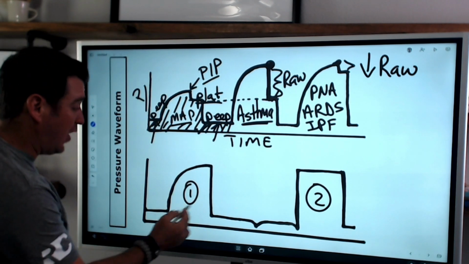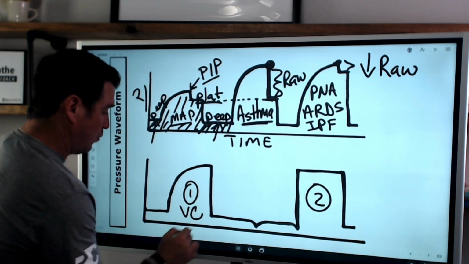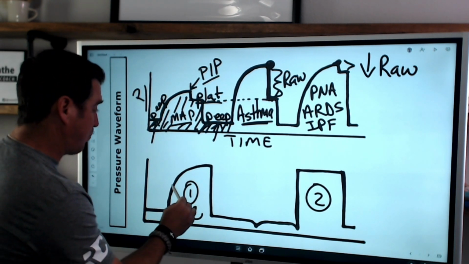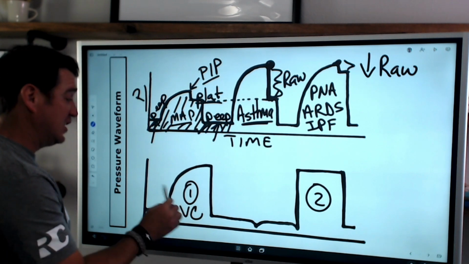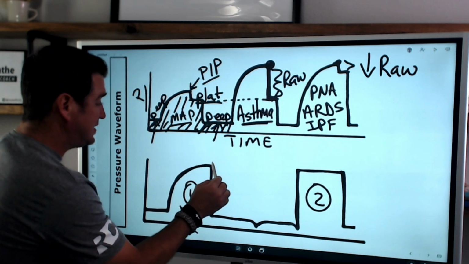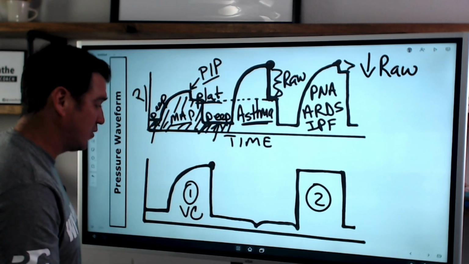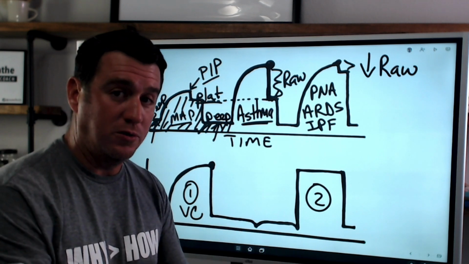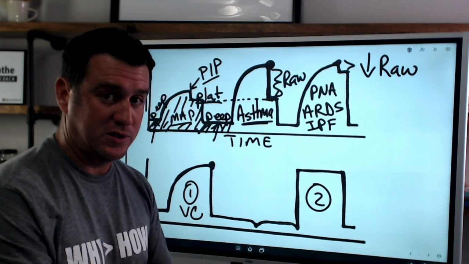So, with volume control, which is what number 1 is, as the volume goes in, the pressure increases slowly, gradually. So you see a slow rise to your peak inspiratory pressure. Remember, with volume control, as volume goes, pressure grows.